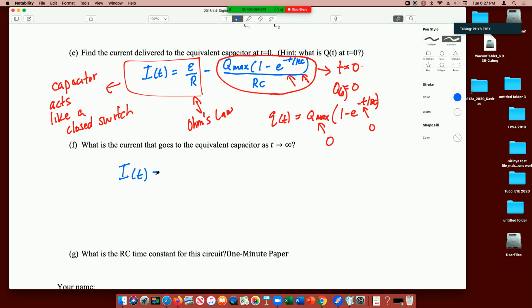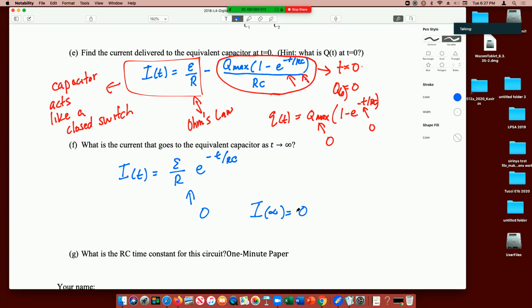How does the current go when t goes to infinity? When t goes to infinity, this goes to 0. So at infinity, the current stops. That should make sense, because that's the point at which you have the maximum amount of charge built up.